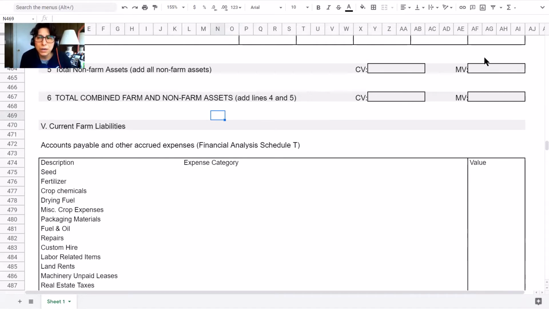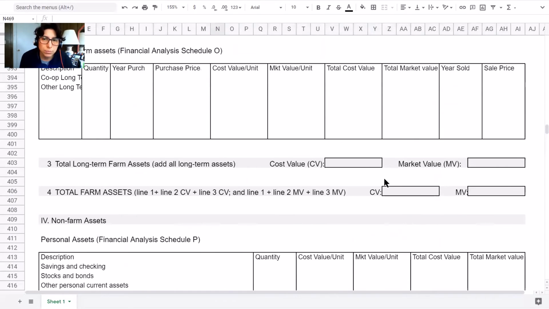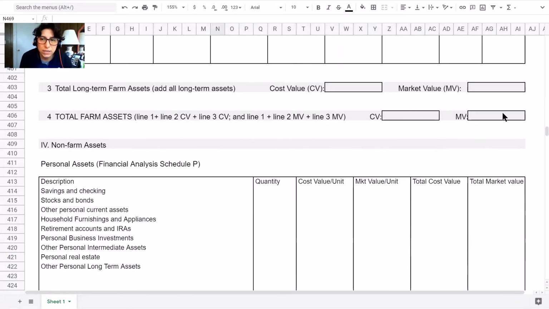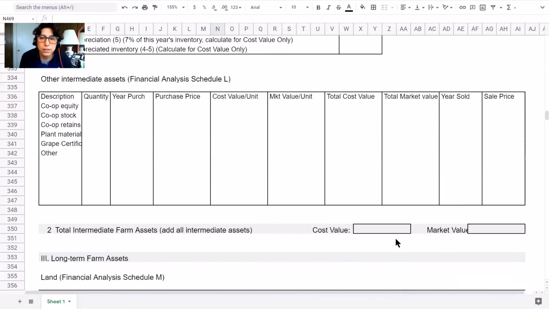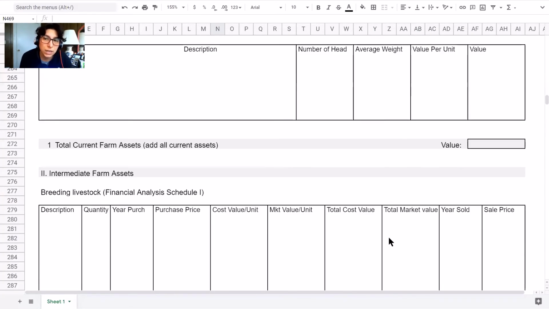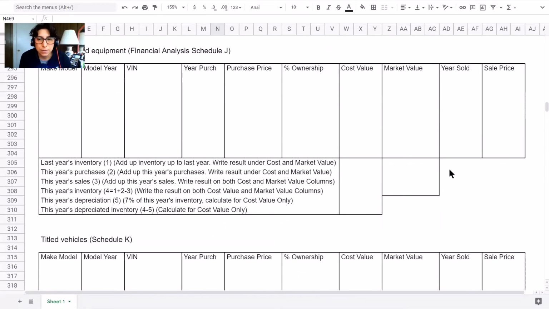So the market value and cost values are the same for current assets. So let me scroll up just a minute. You can see here, we are always asking you for cost value, market value, but for current farm assets, there's just one cell. The market value and cost values are the same for current assets.